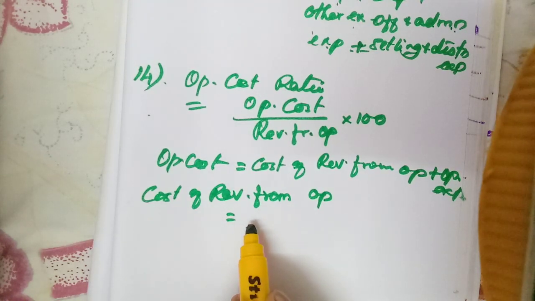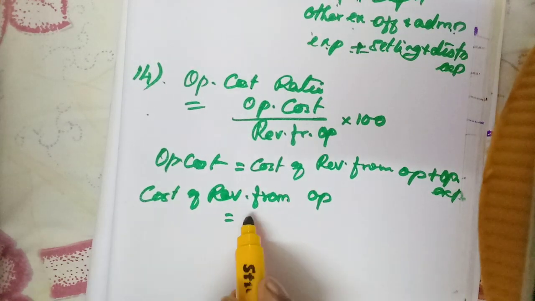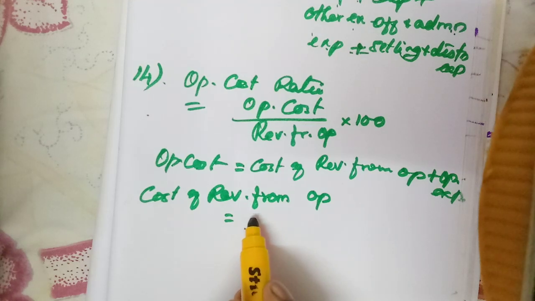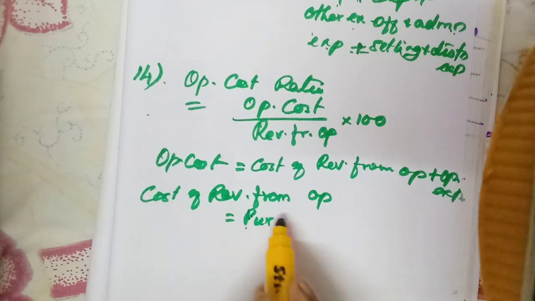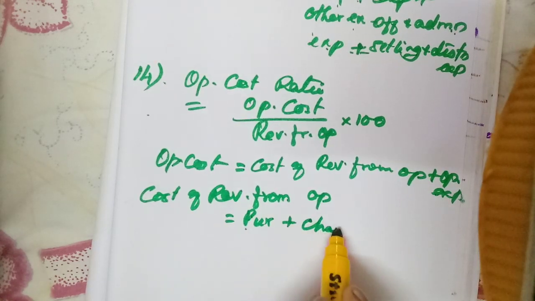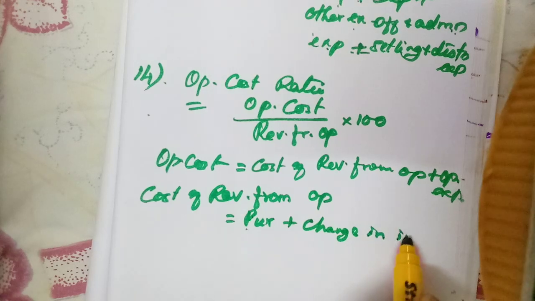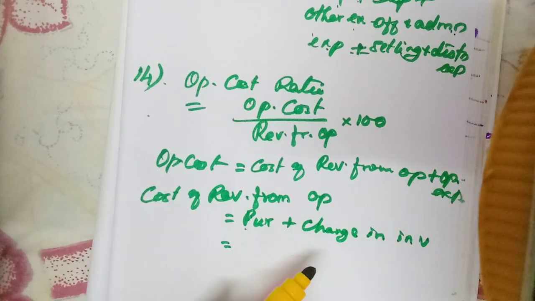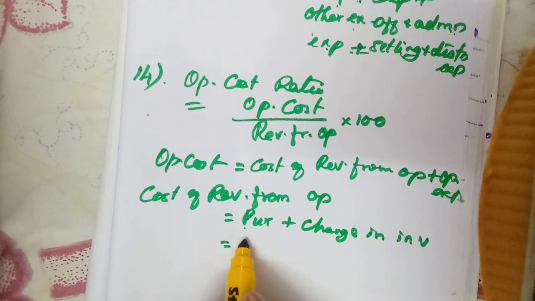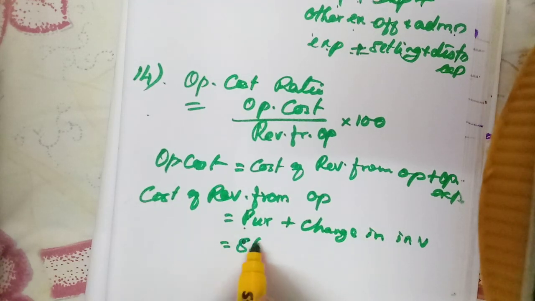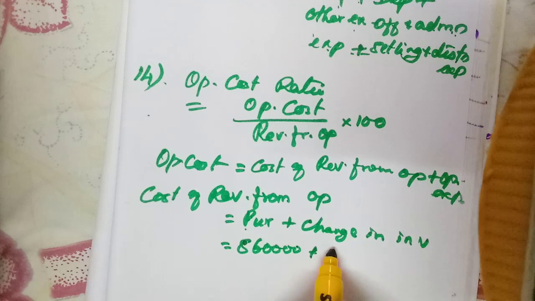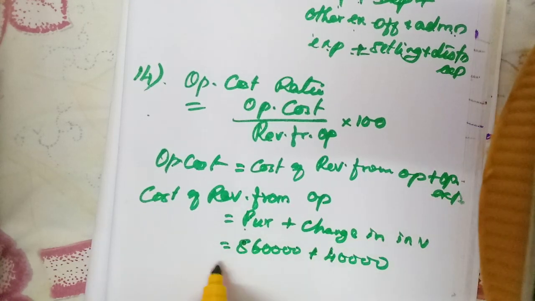Here they have given purchases, so we can take that. Then change in inventories, they have given the change in opening stock and closing stock. So purchases plus change in inventory. Direct expenses are not given, only salaries. So purchases are 8,60,000 plus change in inventory 40,000. So 9 lakh.